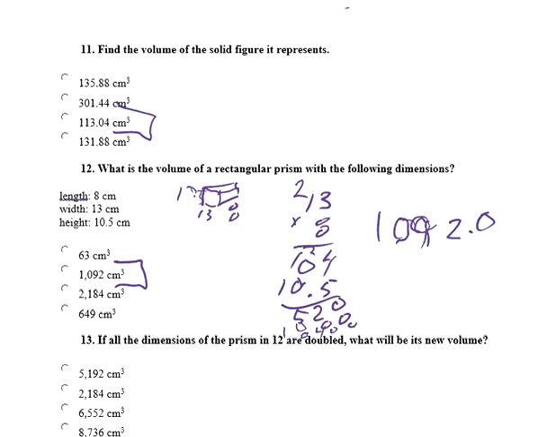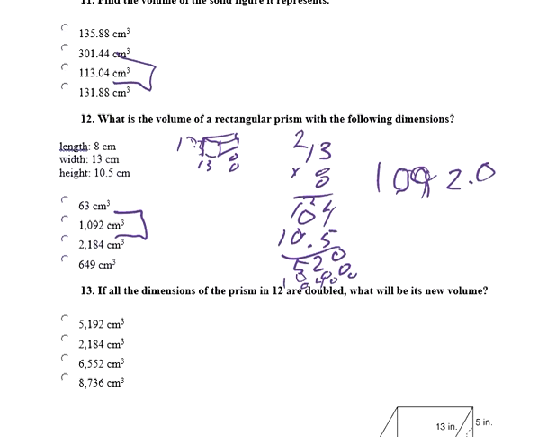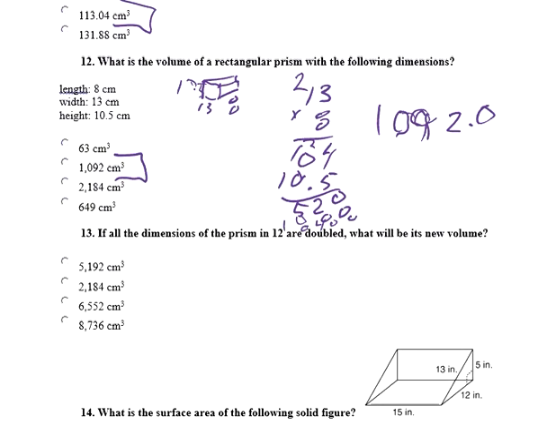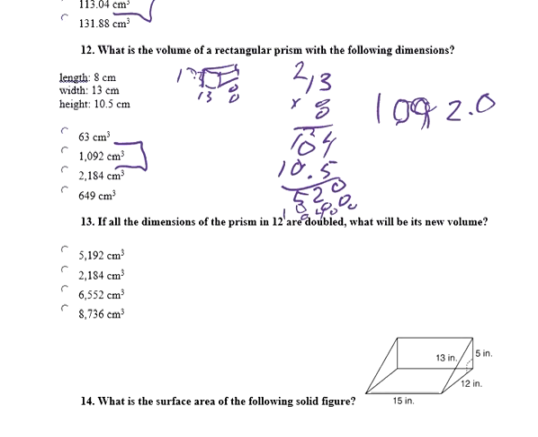The dimensions of the prism in question 12 are doubled. What's the new volume? Well, if the dimensions are doubled, remember what happens? They're going to increase by, well, let's just see.